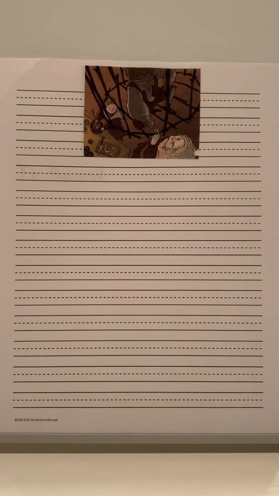So tell me what's going on in this part of the story. Tell me about those characters, especially the evil one, what she's doing, why he's in that cage, all of those important details.